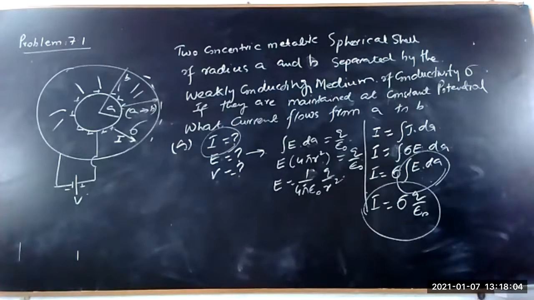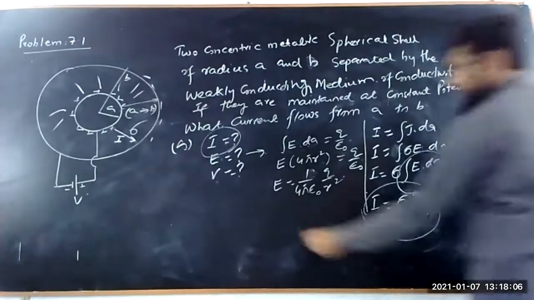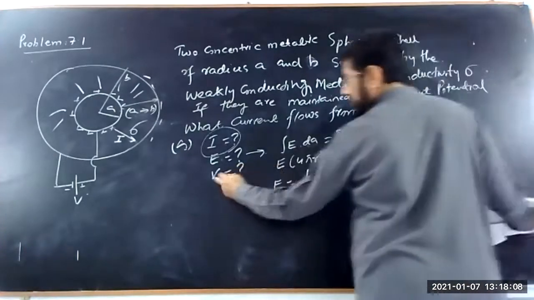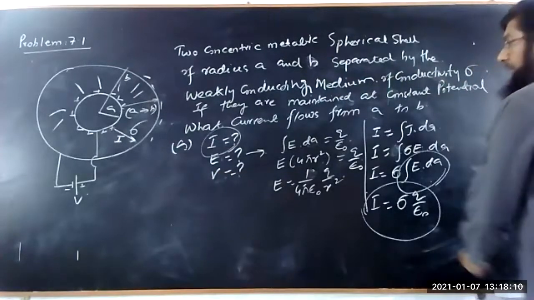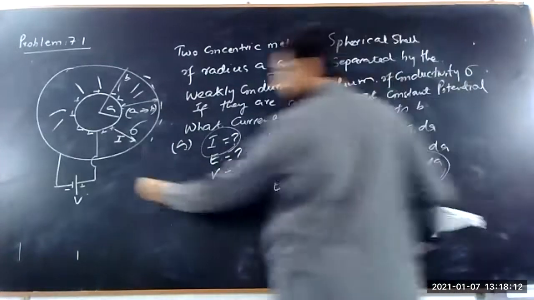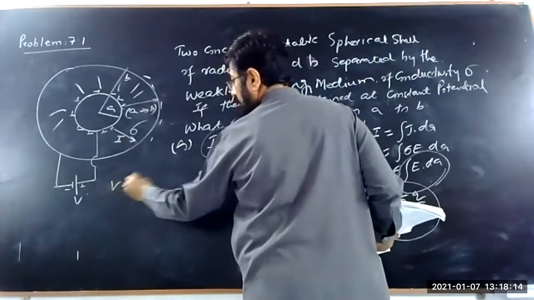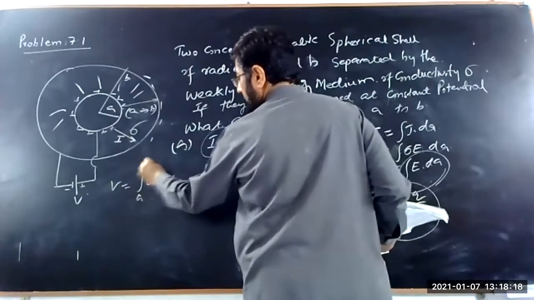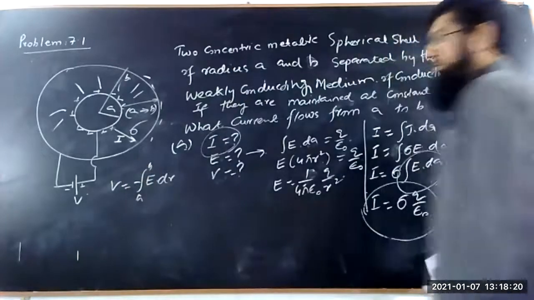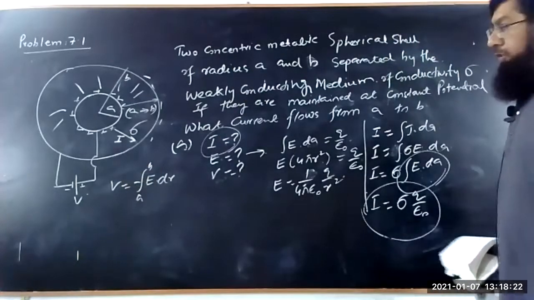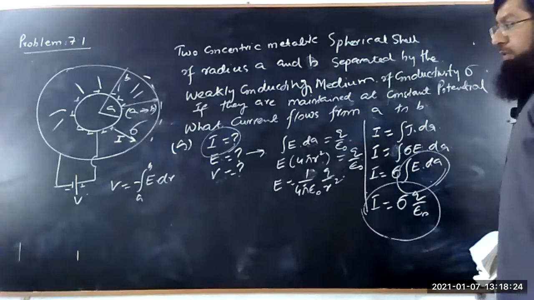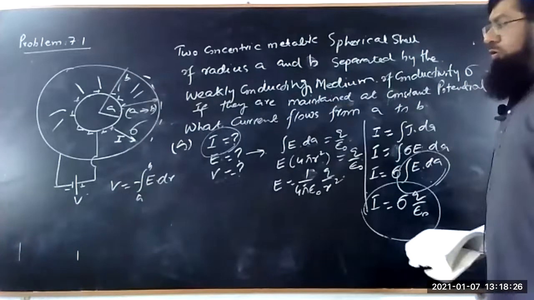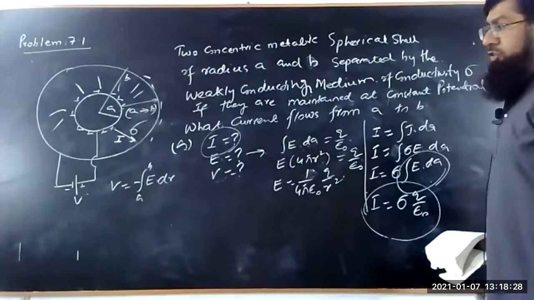The potential V can be found out as V is equal to minus the integral of E dot dr from A to B. You are very much familiar with this from chapter number 2.